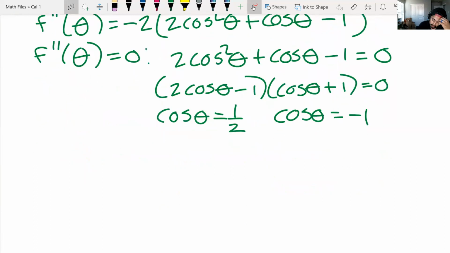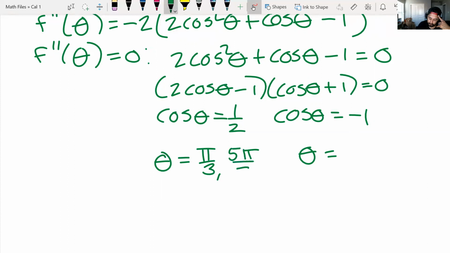And now, ask ourselves, where on the unit circle is cosine equal to 1/2? That will be pi over 3, and then 2 pi over 3, 4 pi over 3, and 5 pi over 3.